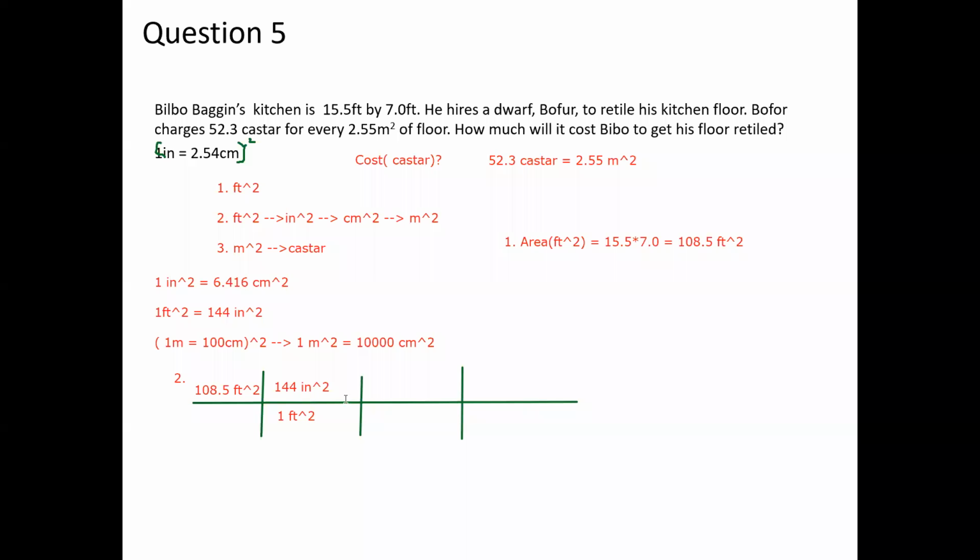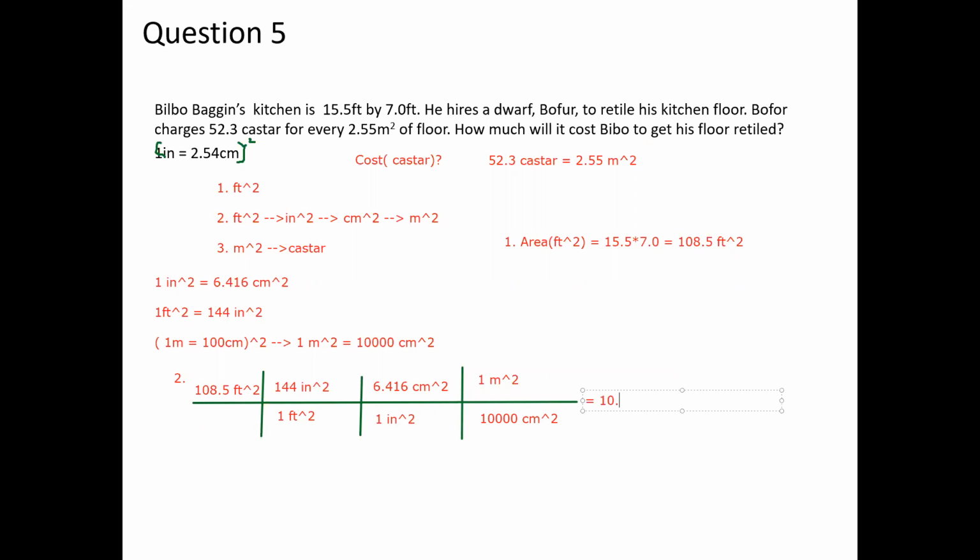In our empty train track, to the top left, inches squared is on top, so that goes on the bottom. And centimeters squared goes on top. Then lastly, we want to convert centimeters squared to meters squared. So in our empty train track, to the top left, centimeters squared is on top. It'll go on the bottom for our conversion. And meters squared will go on top.